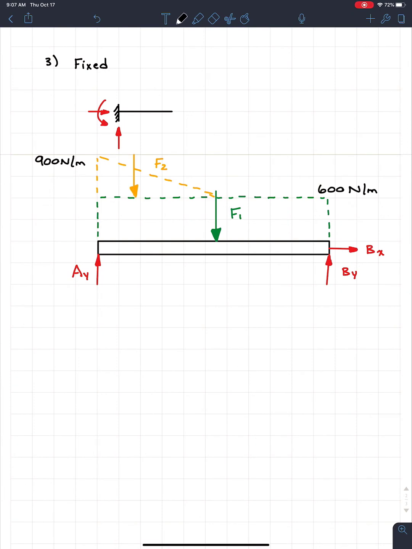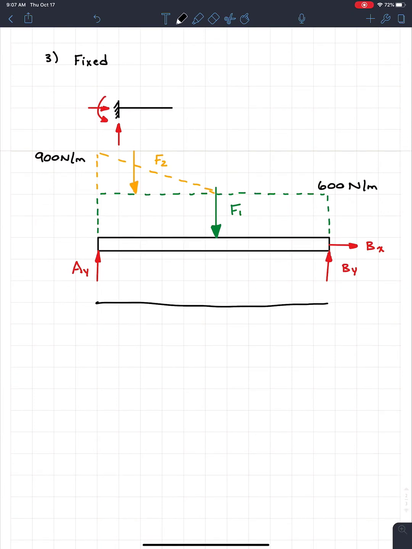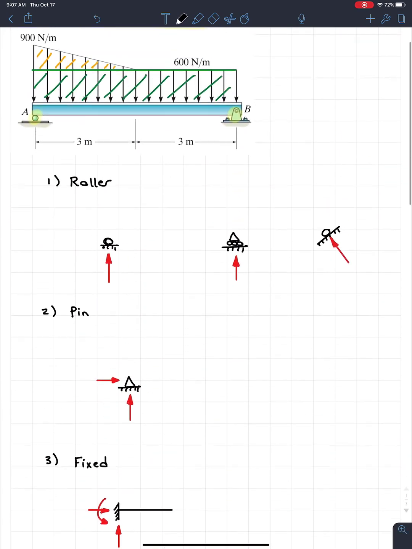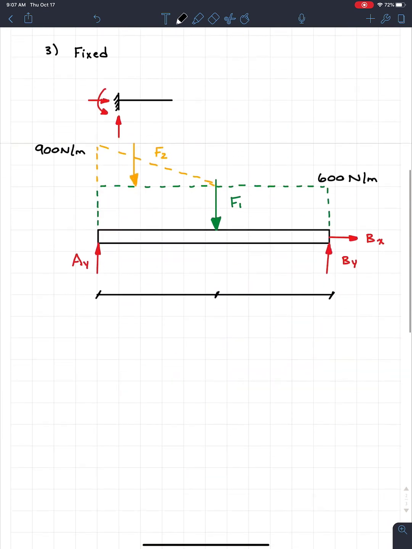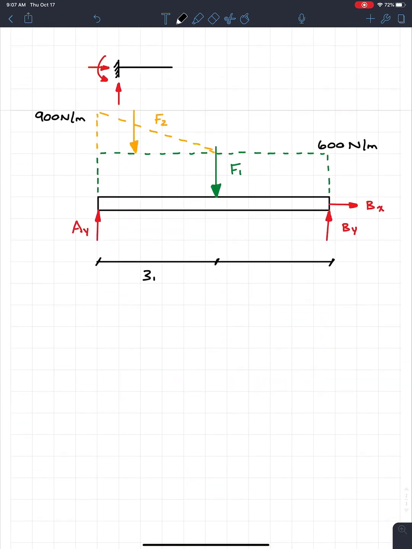So now we got those dimensions. We should also include the dimensions of the beam. So we know that the beam is segmented into two parts. So we look up here, it's 3 meters and 3 meters. So what I'm going to do is I'm just going to put 3 meters, 3 meters. And then if I look, that 3 meters is actually where F1 acts. So we don't really have to calculate anything like that. But we should also include where F2 acts relative to one of the ends of the beam.